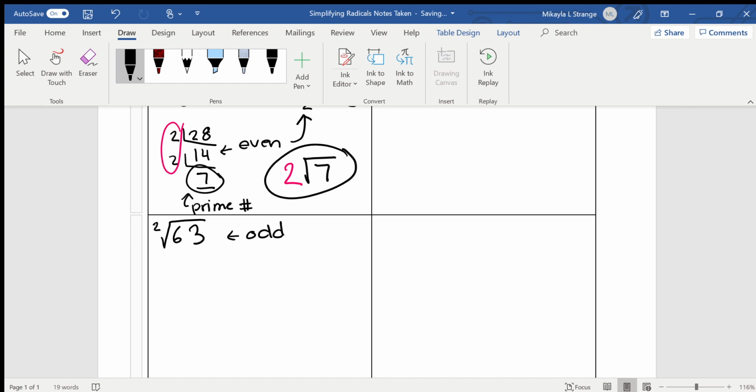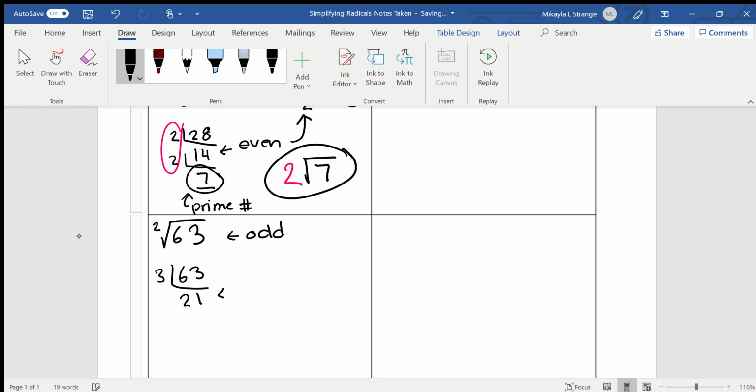Take a moment, plug it into your calculators. Okay, if I take 63 and divide it by 3, I find out that 3 can go into 63 21 times.